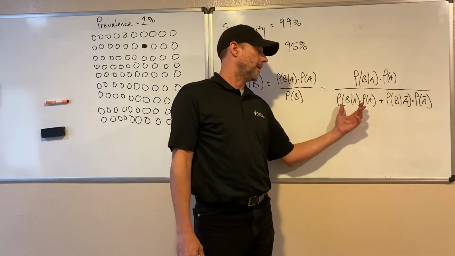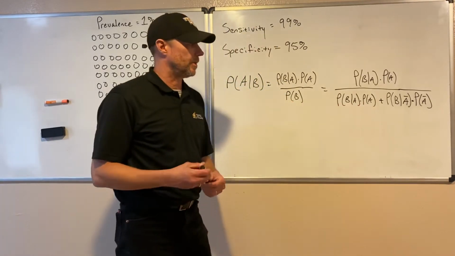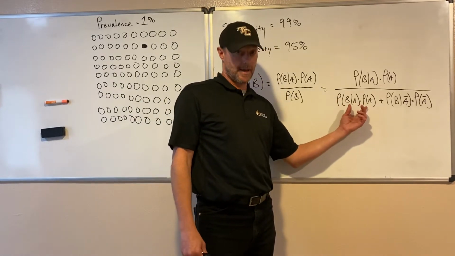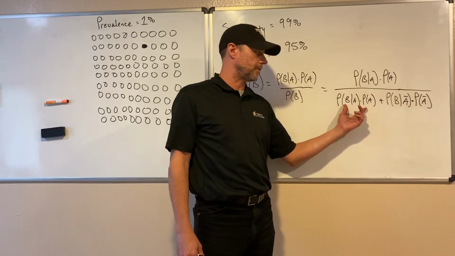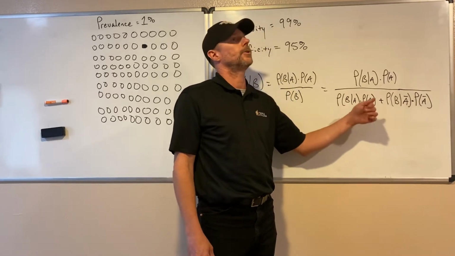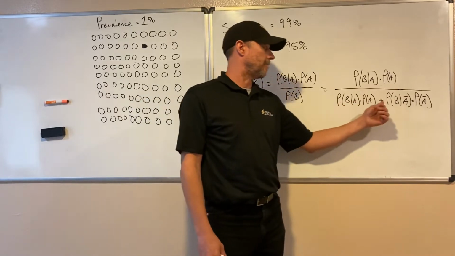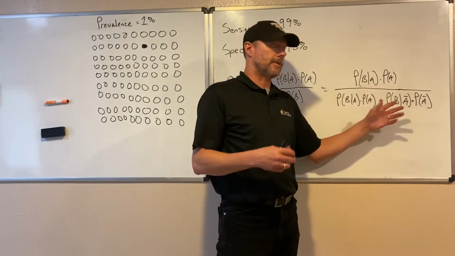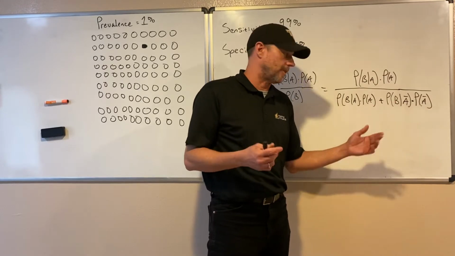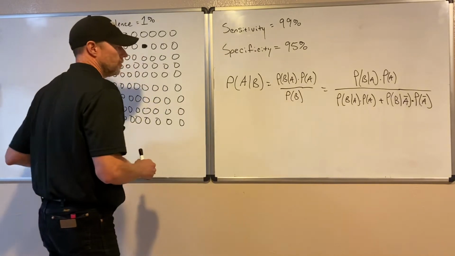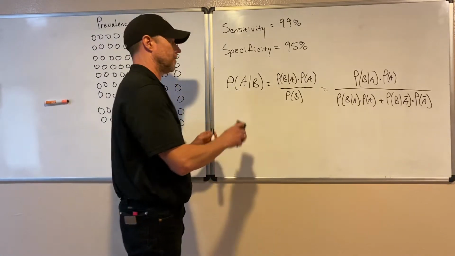In this case, you could have the disease and get a positive result, or you could get a positive result even though you don't have the disease. You could get a positive result anyway because of those false positives. This is so bad, we're not going to use it. So, big sigh of relief, you don't need this formula.